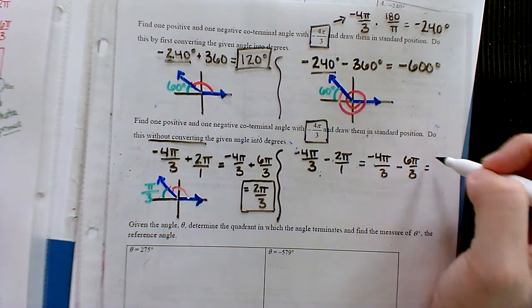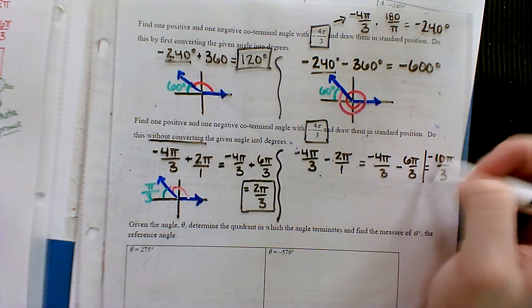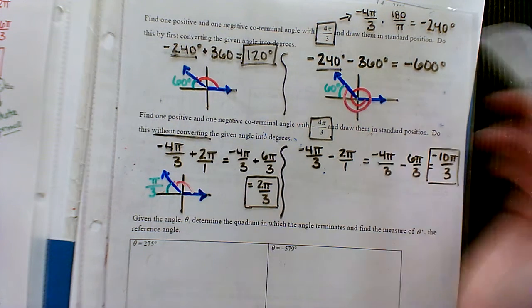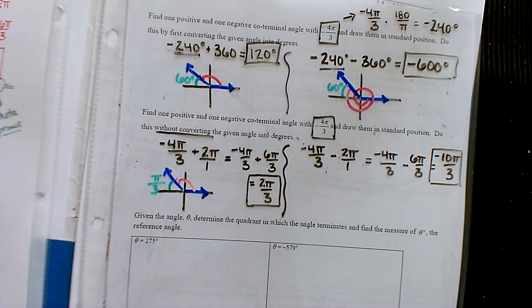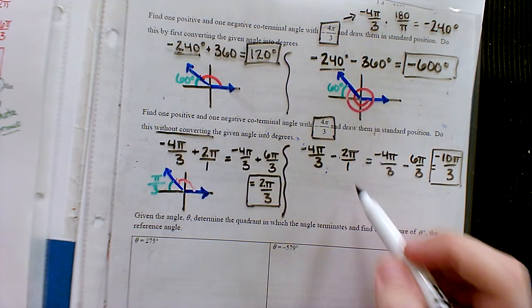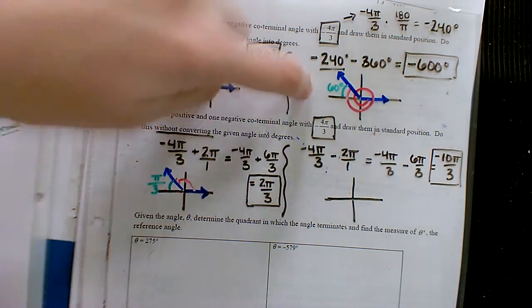Negative 4 pi minus 6 pi, we have negative 10 pi over 3. All right, so negative 10 pi over 3 must be equivalent to negative 600 degrees. When we draw the angle, it should look exactly the same as the previous one.